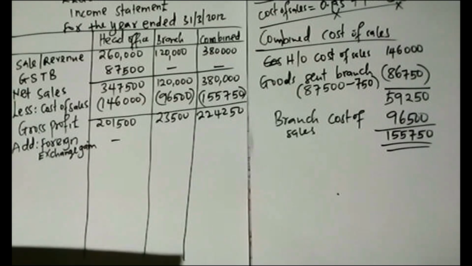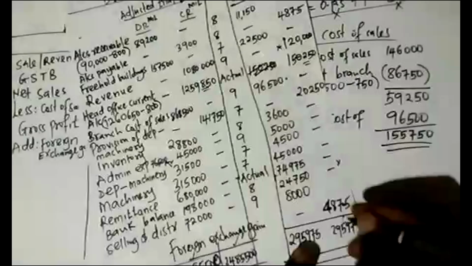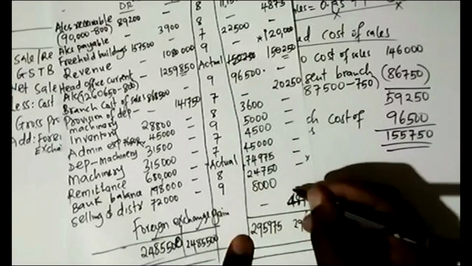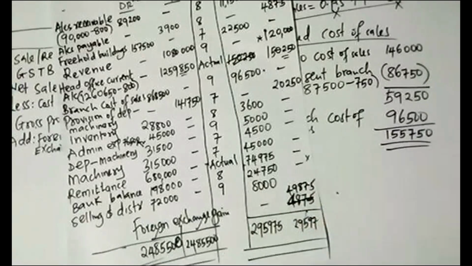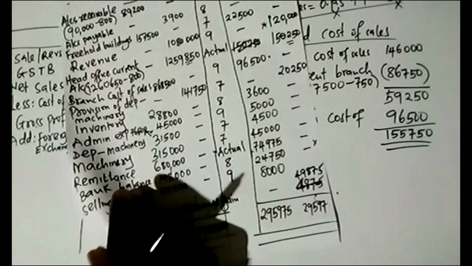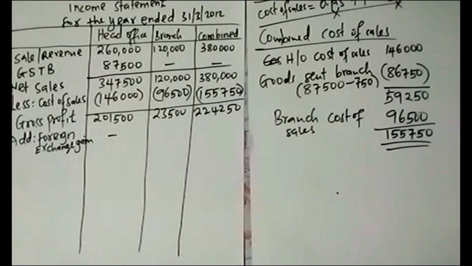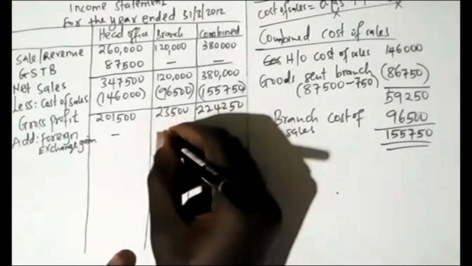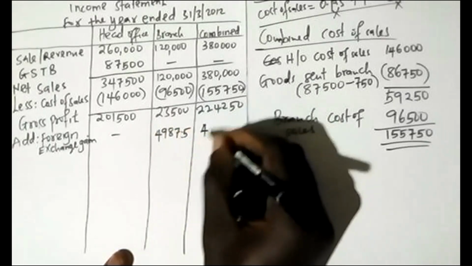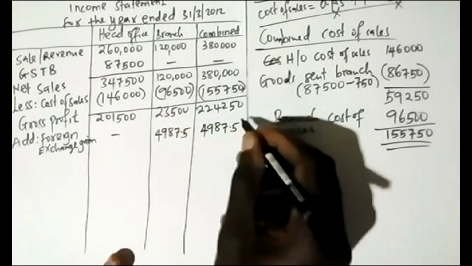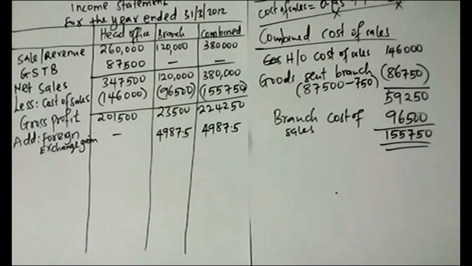If you compute it, according to my calculator, this one is 4987.5. So remember that it was under the branch.